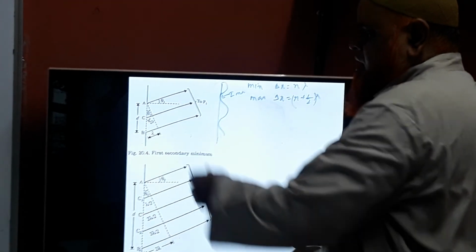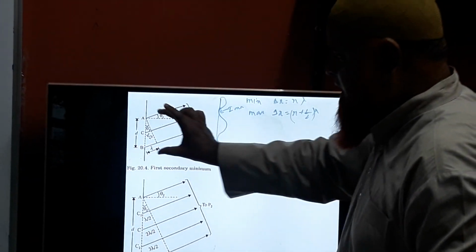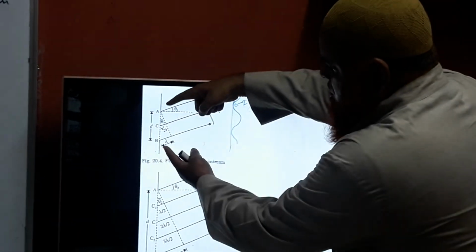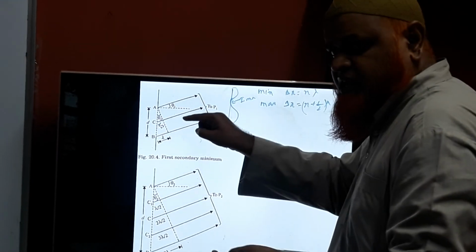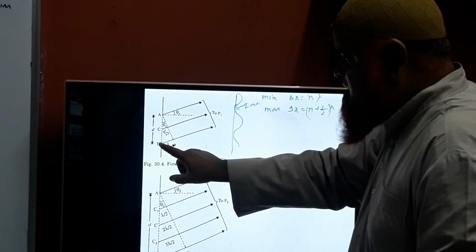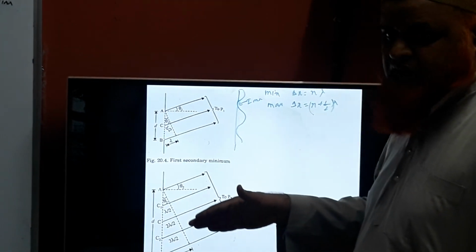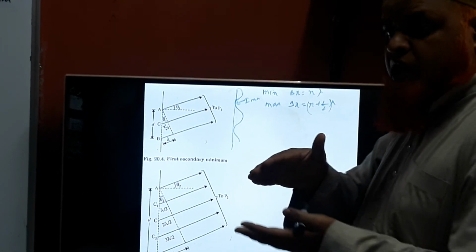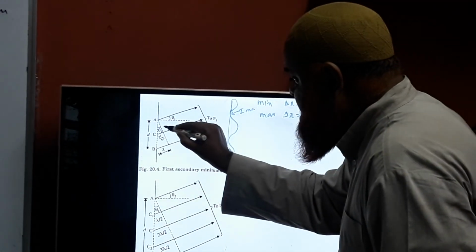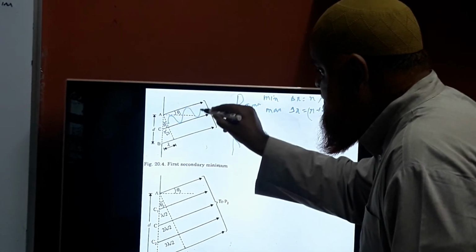So here, if you observe the screen and the slit, you know this is a slit. To get minima, the slit gets divided into two equal halves automatically, and in the upper half you will get a wave like this.